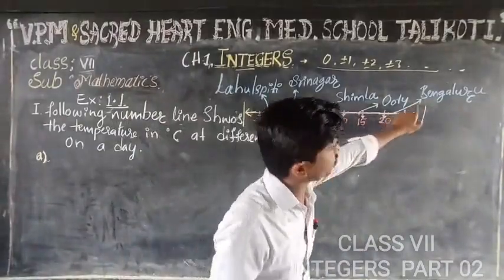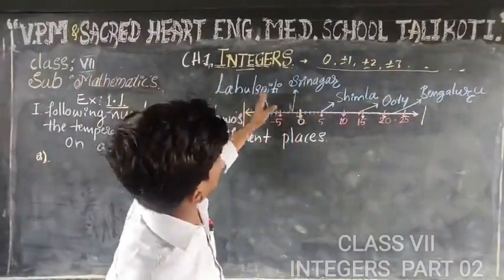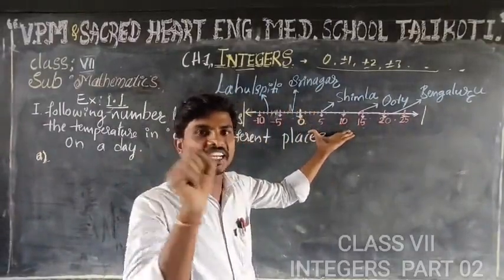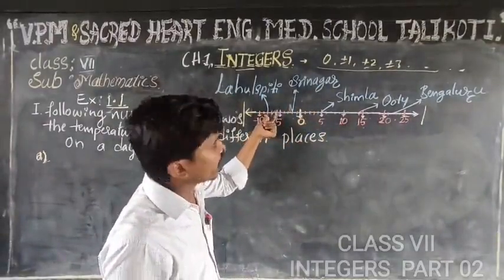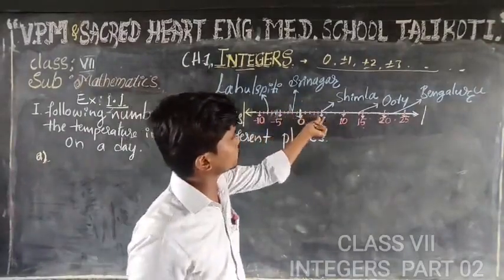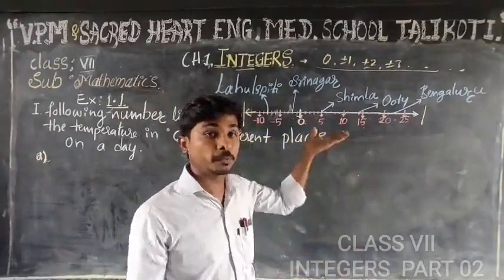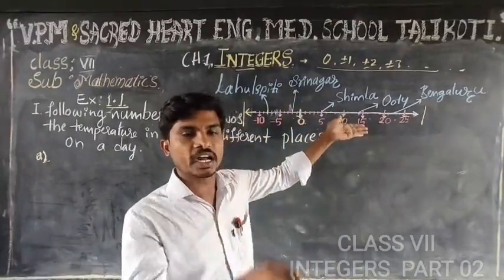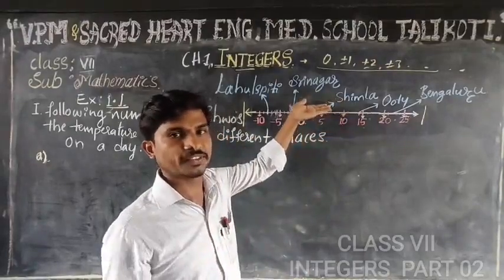Just identify the exact number for this place and this place, and list out the temperatures of the different places.